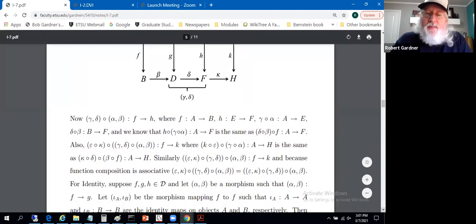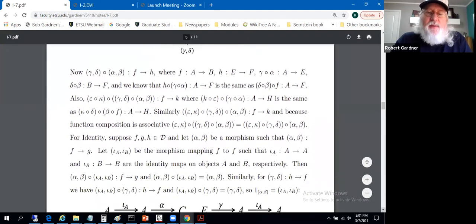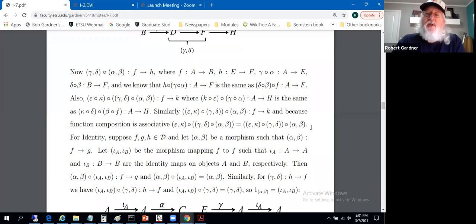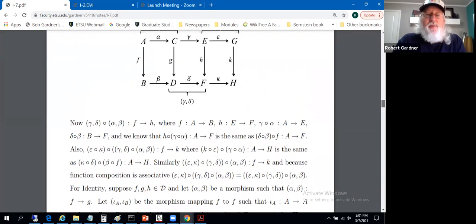So I think I will let some of this lie. And indeed, we get composition of a composite function is the same as a composite function composed with the alpha beta. Order matters, of course. Order is going to matter big time with this stuff, but you do get the associativity. And it's simply a matter of is the same as, right?